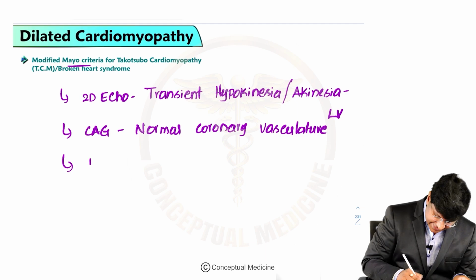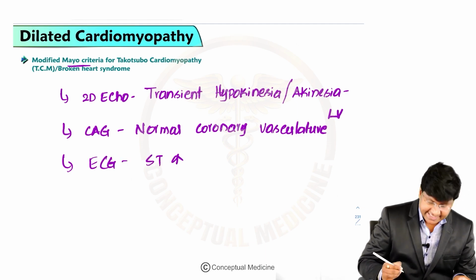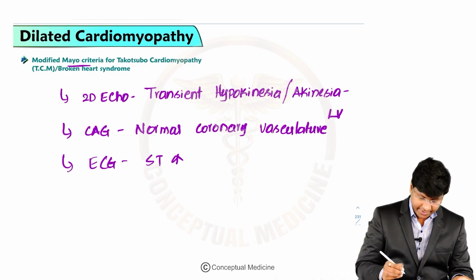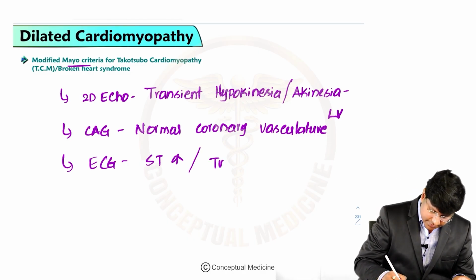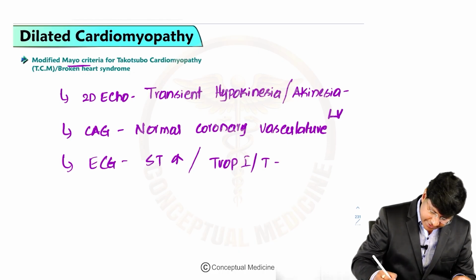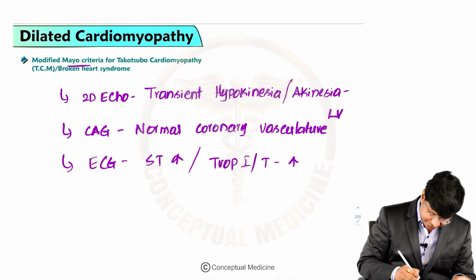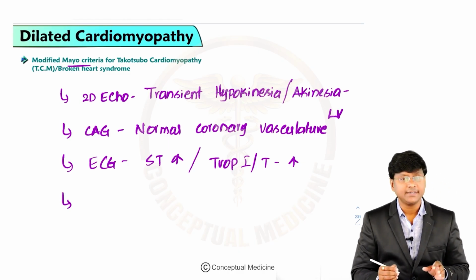Number 3, the ECG, as I have already mentioned, will show ST segment elevation, and troponin I or troponin T should be elevated.